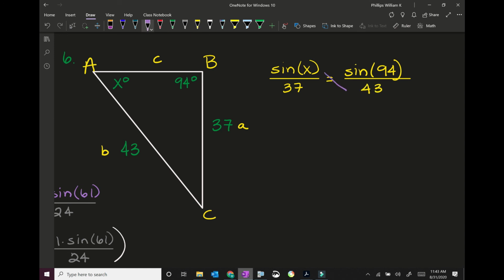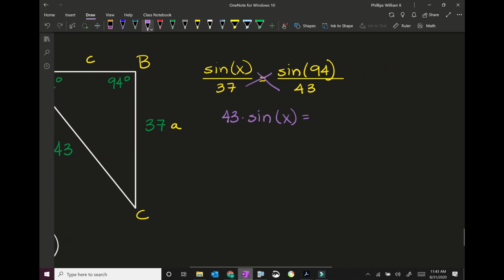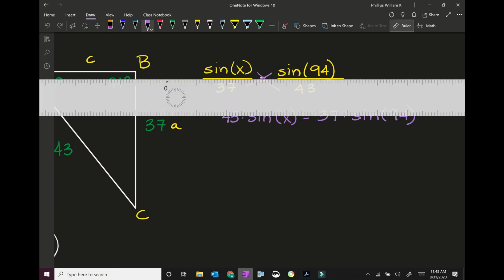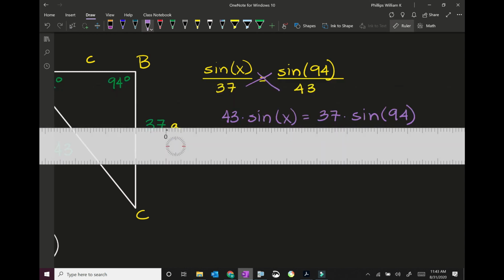So we'll cross multiply. And then we'll isolate the sine of x, so we will divide by 43.